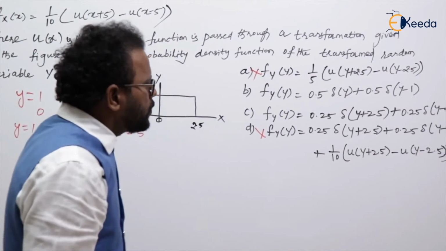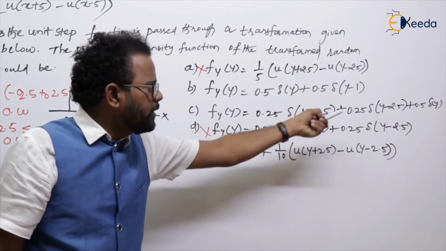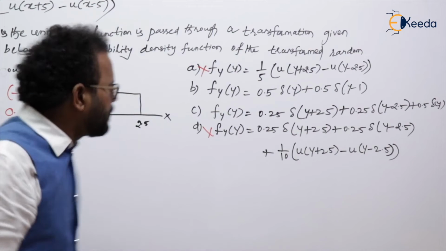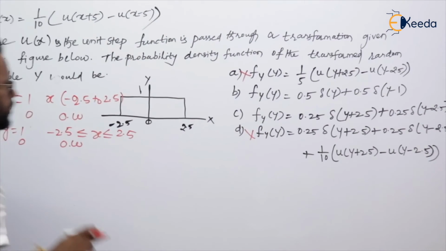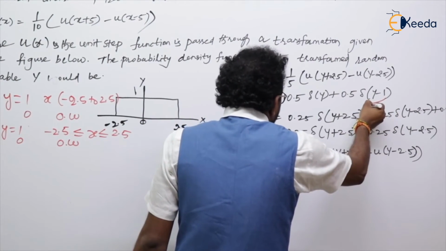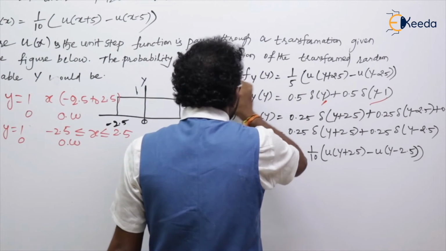In the remaining two options, one is at minus 2.5 and plus 2.5, and the other at 0 is given. But by seeing the random variable, its values are only 1 and 0. Only 1 and 0 means y minus 1 equal to 0, so y equal to 1, and here the argument equal to 0, obviously option B.